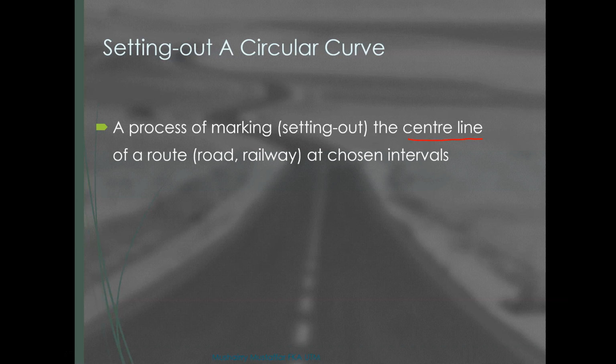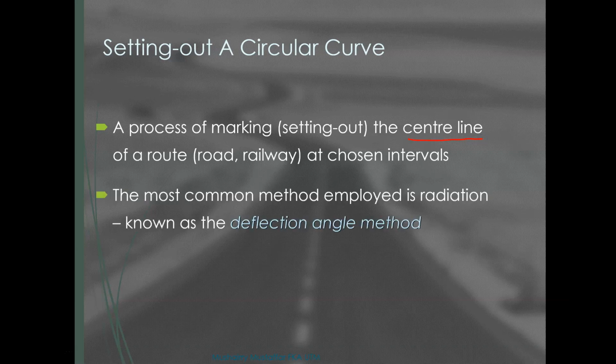Normal values are 20 meters, 25 meters, some 30 meters, and it can go as low as 10 meters. The most common method that can be easily employed is the deflection angle method.